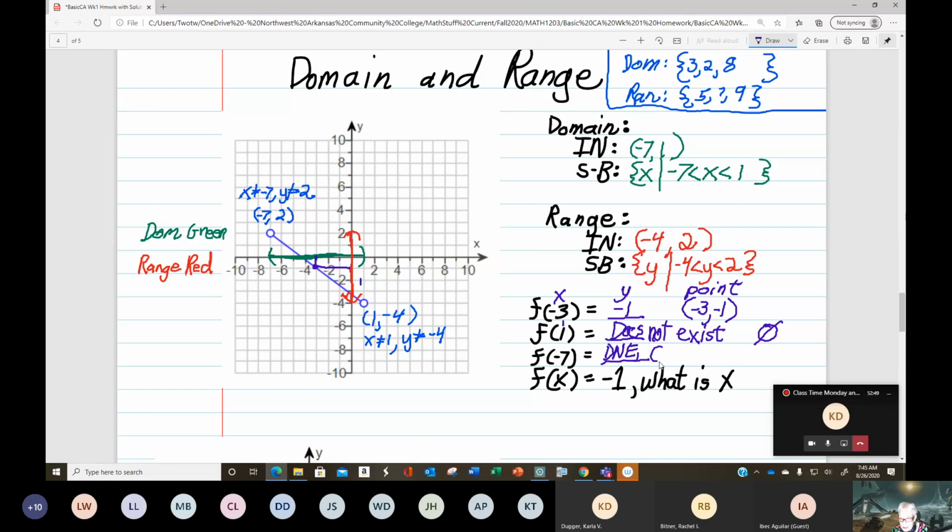Or we're going to put this symbol, the empty set. And there is one more symbol for the empty set. Remember that math comes from all over the world. And that's an empty pair of braces. Okay, it's like you left your braces at home.